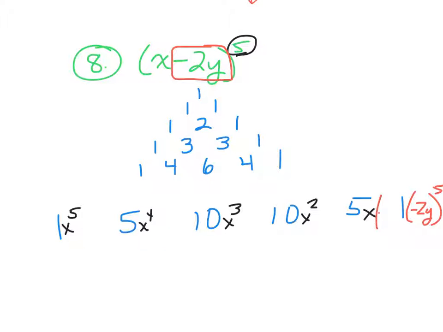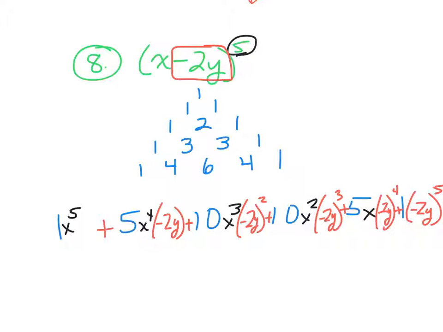So here we'll have negative 2y to the 4th, slip a plus in between those. Negative 2y cubed, slip a plus in between those. Negative 2y squared, put a plus in between those. Negative 2y to the 1st, put a plus in between those. And then x to the 5th isn't going to get a negative 2y.